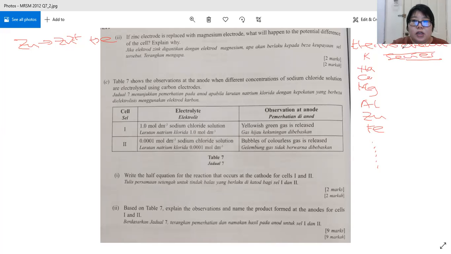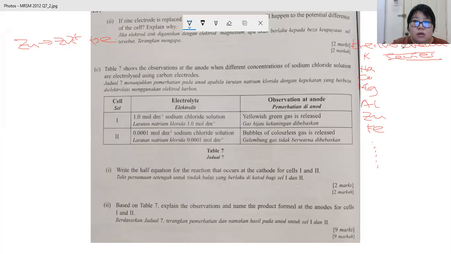What we want to see is this, the zinc and the magnesium, okay, with the copper down here. I am going to put the blue for the copper.